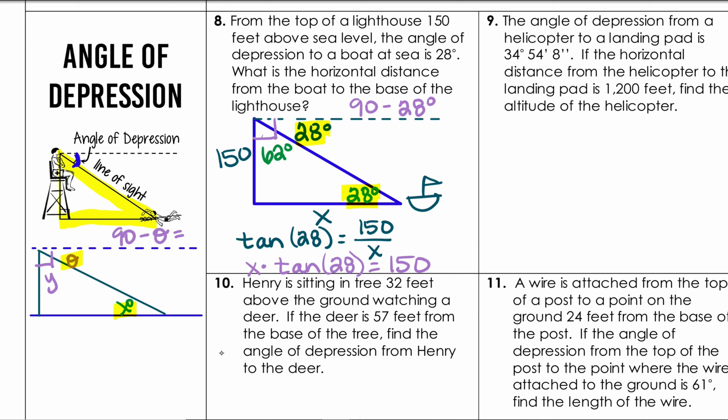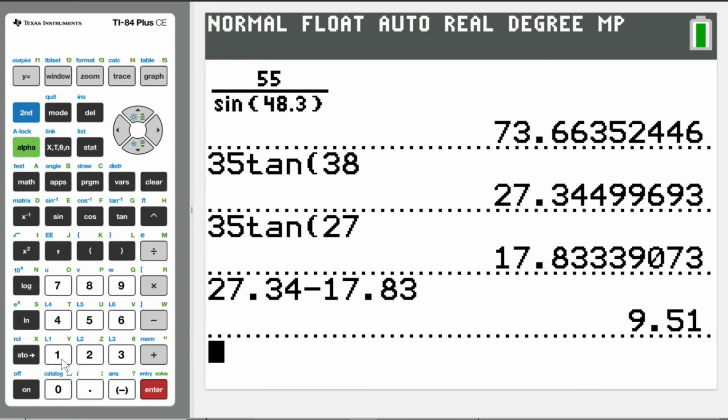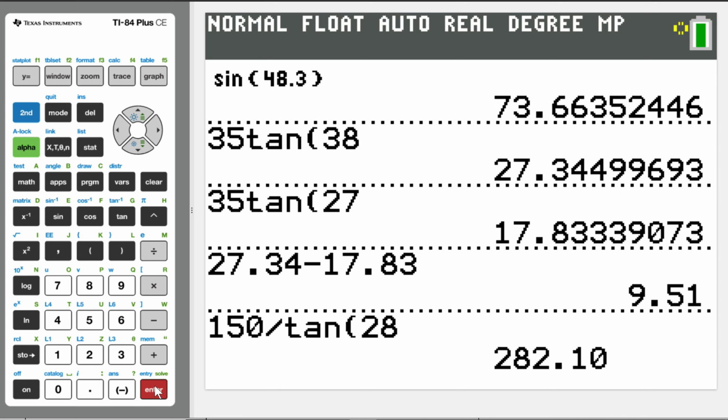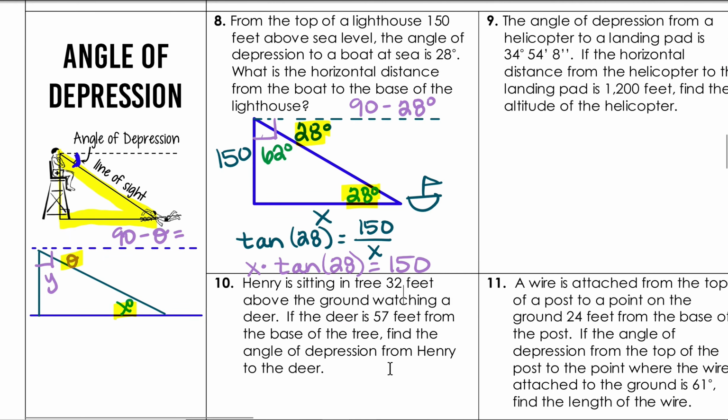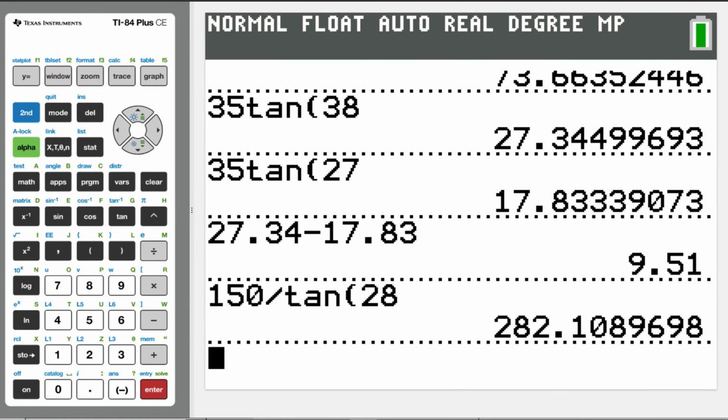Now here, since they're multiplying, we're going to have to divide. So on the calculator, I'm going to need to say 150 divided by tangent 28. So here I have 150 divided by tangent 28. And this gives me 282.1. And that's my horizontal distance. 282.1.